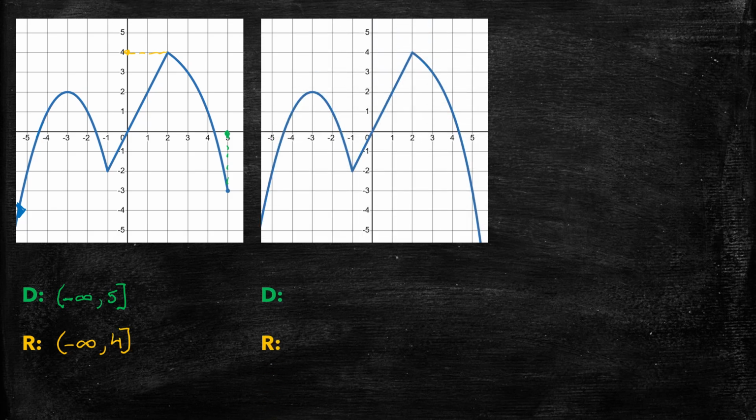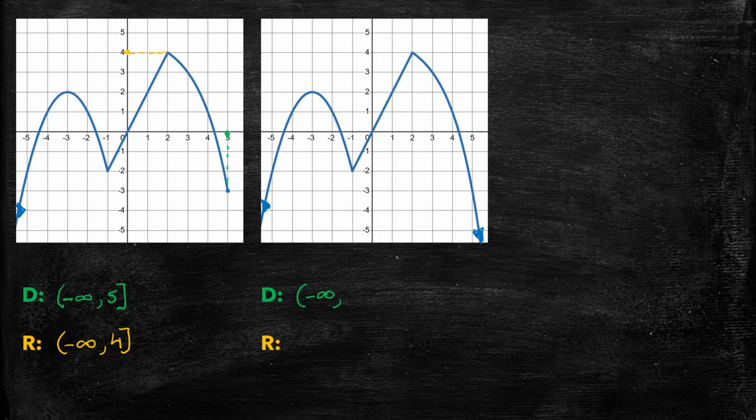So now we have an arrow here, which we put back in. We also pretend there's an arrow right here. So the graph is continuing down in this direction, and also in this direction forever. So that means the domain, again, because it continues forever, can go from -infinity, and now the maximum x value is no longer 5 or 6 or 7.